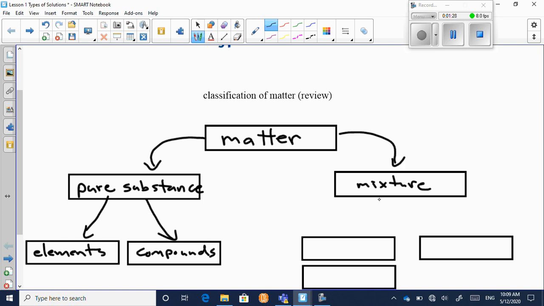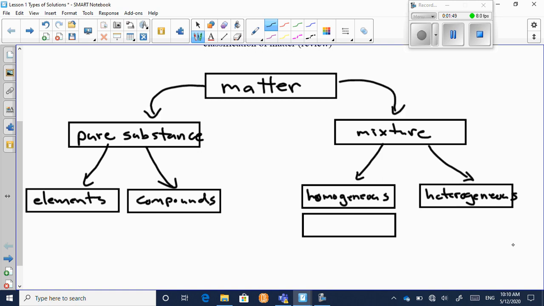And then within mixture, we had two types of mixture. We had what was called a homogeneous mixture, and we had a heterogeneous mixture. Okay. And the main difference between the homogeneous and heterogeneous was that with a heterogeneous, you can see the different particles within the substance.